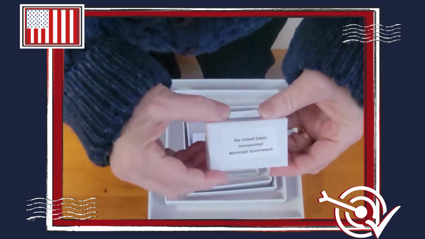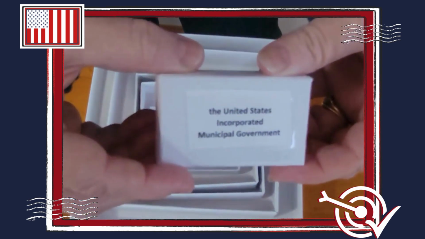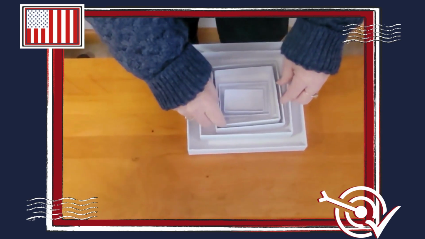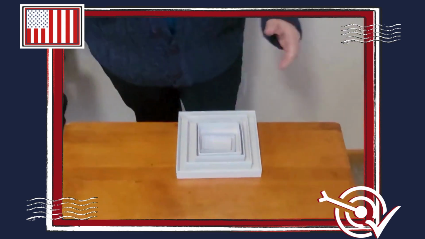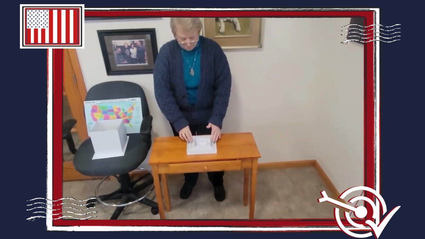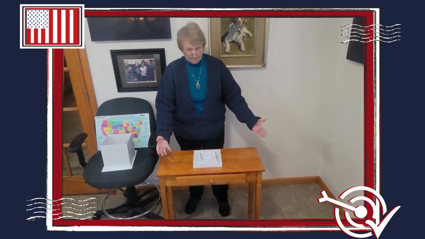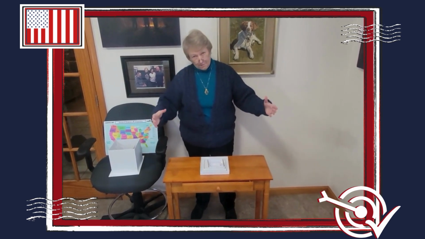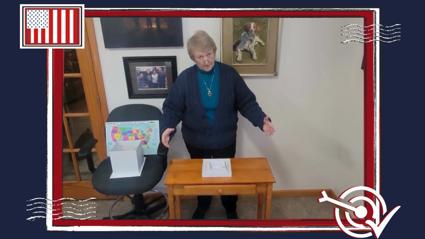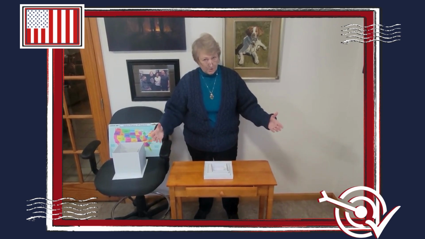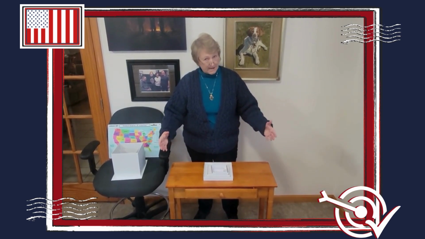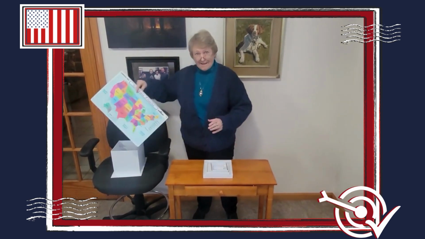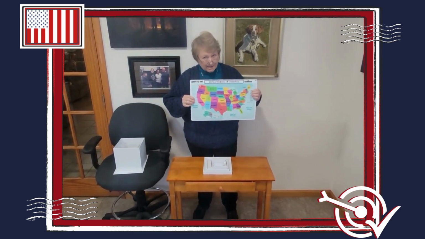And now we're going to add the municipal government of Washington, D.C. They all fit together like nested boxes. And they all are within the one big box of our American Union of sovereign states, the Union States.